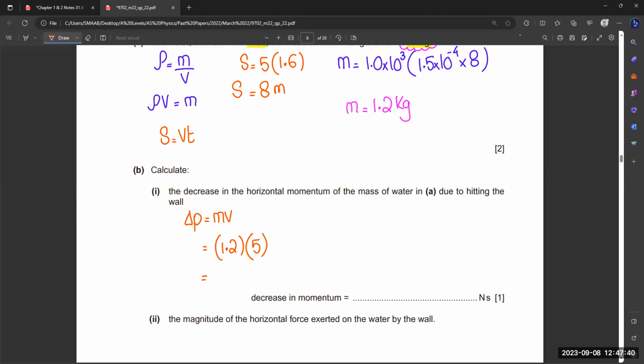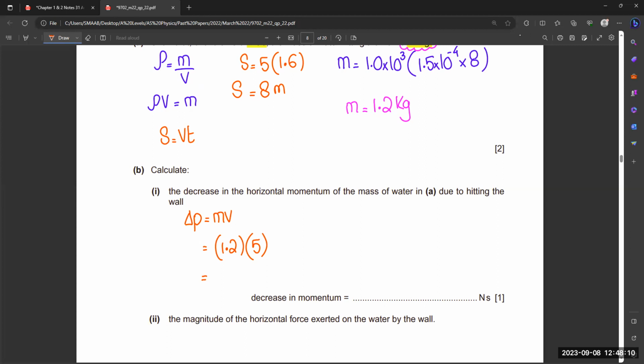So what is your final answer? 18.8. Because you have to first change the mass into force by multiplying it by 9.81. And then I multiplied it by 1.6 because that's the time. And I got 18.8. But for this part, they are asking for the decrease in the horizontal momentum of the mass in part A due to hitting the wall.